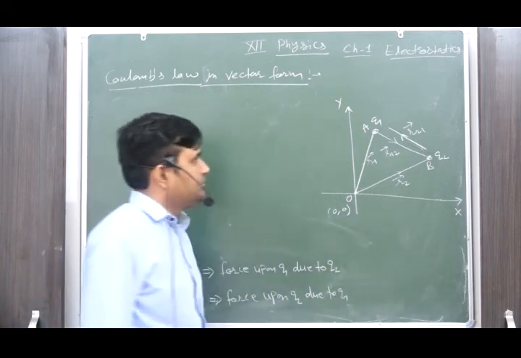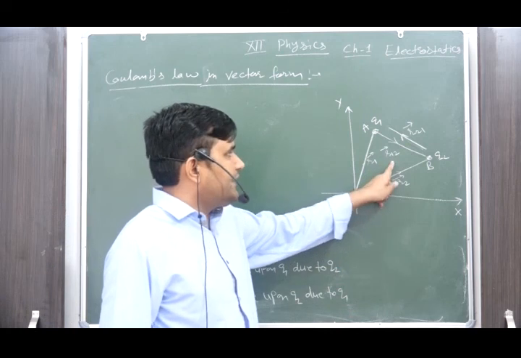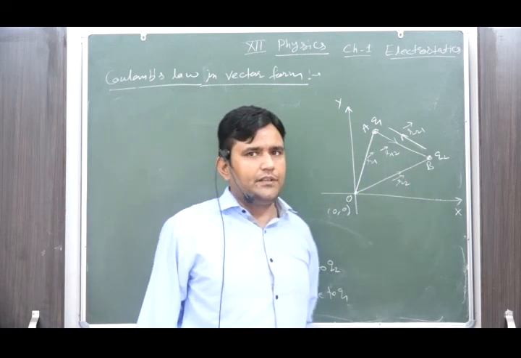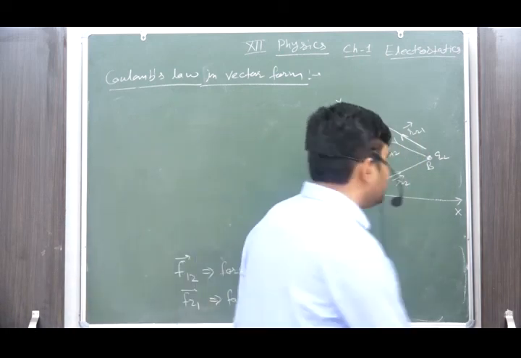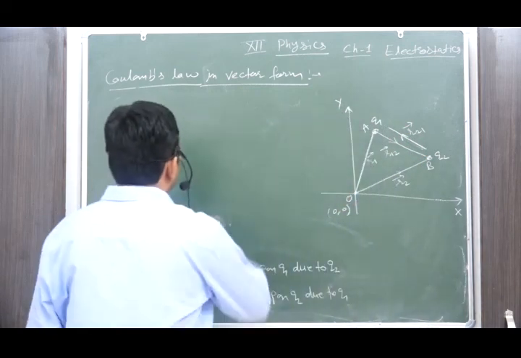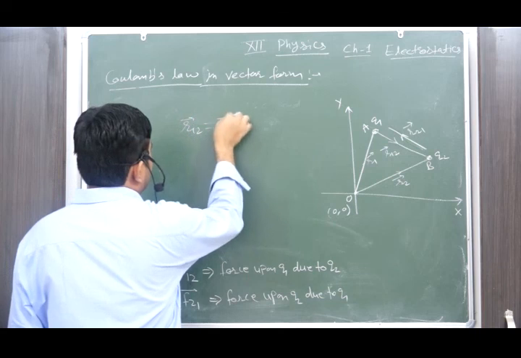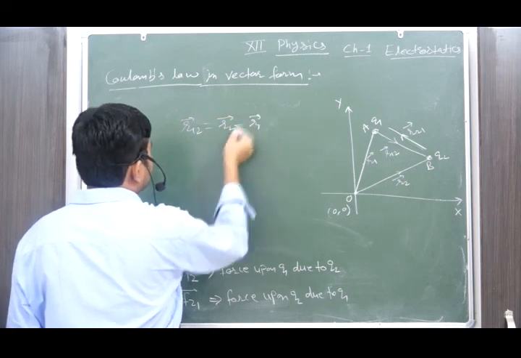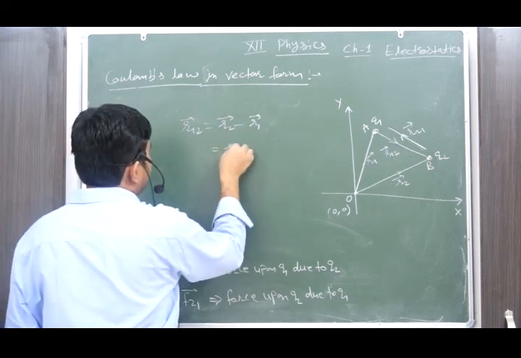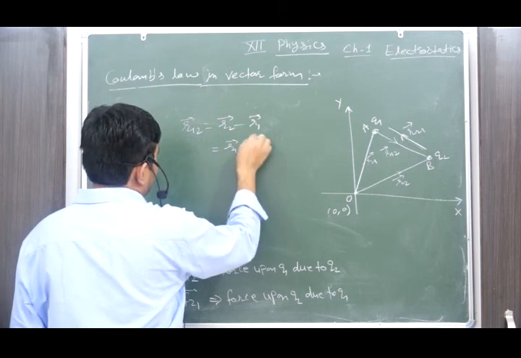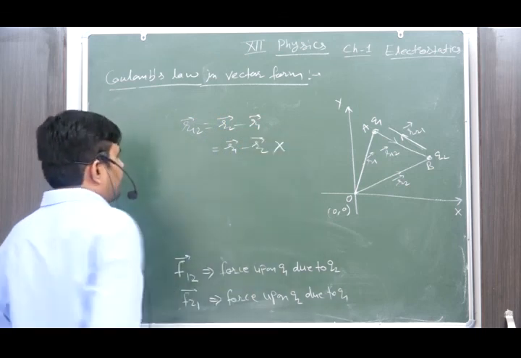I think you are getting the value of the position vectors, how to find R12 and R21, because in some books R12 is written as R2 minus R1, as we concluded here. In some books it is also written as R1 minus R2.